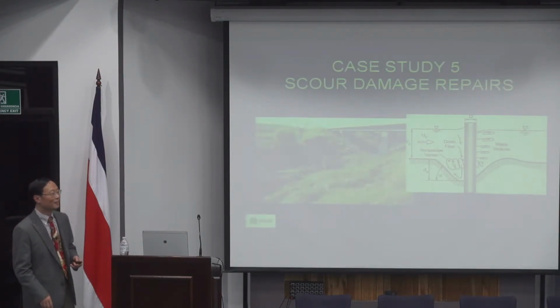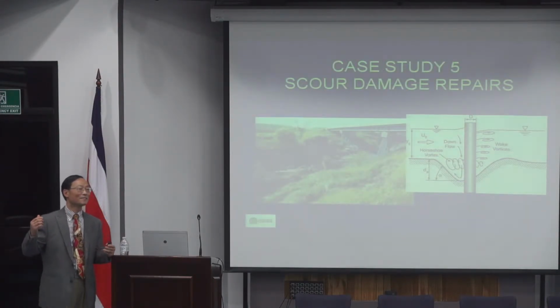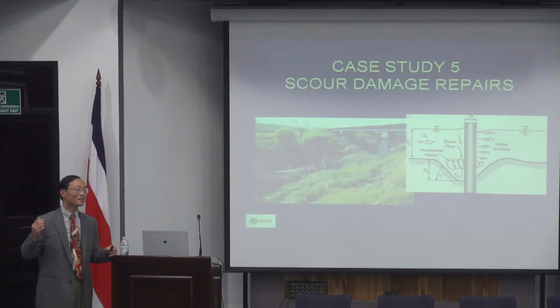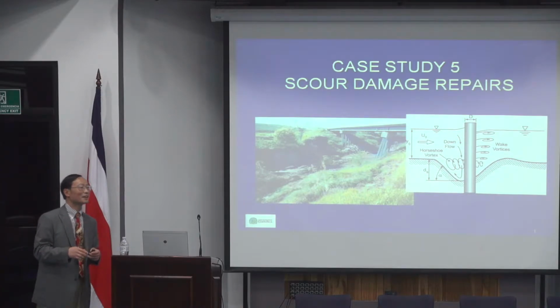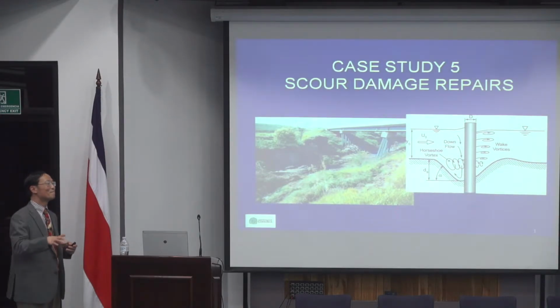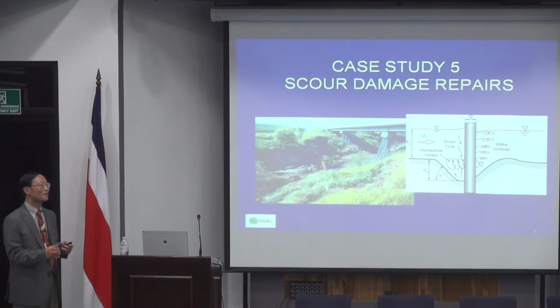Basically, what is scour? Scour is due to some kind of constraint of water flow, so that the water will have a strange flow, which also produces a concentration, similar to stress concentration.